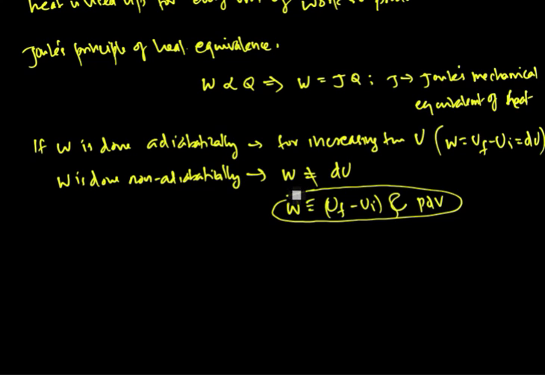So we can say that the quantity of heat liberated from a system is the change in internal energy minus work done on the system.